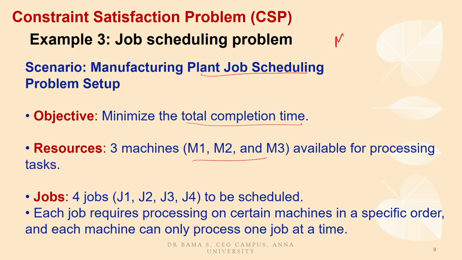Suppose you have M1, M2 and M3, 3 machines, and we have 4 jobs, J1 to J4, and each one takes some time on a particular machine. Now, how do we optimally complete all the jobs in minimal time using these 3 machines? That is one type of problem, called a scheduling problem.